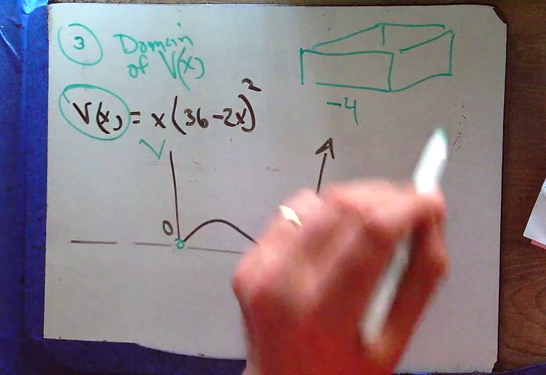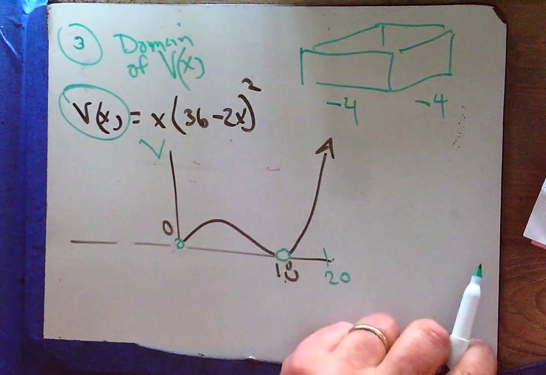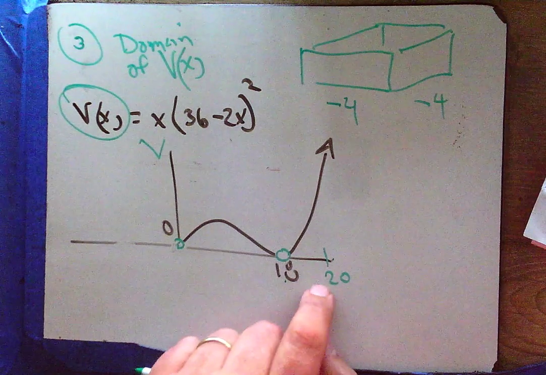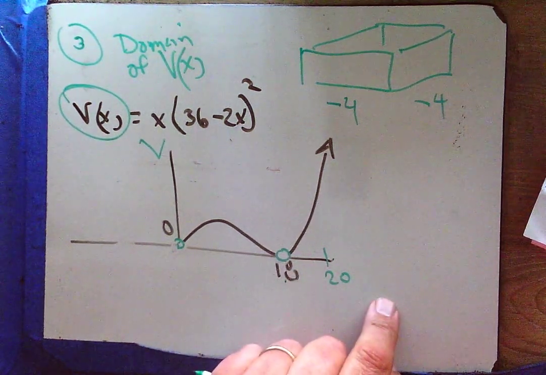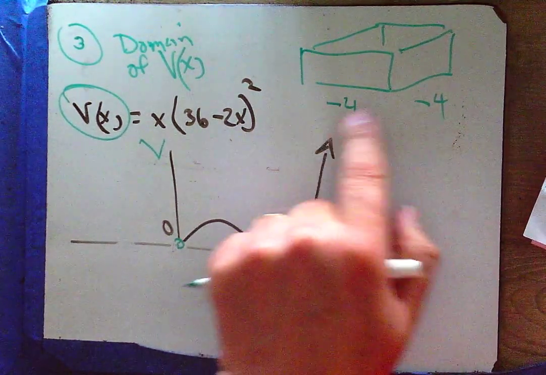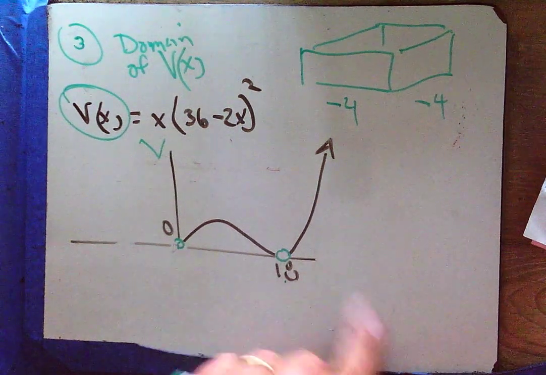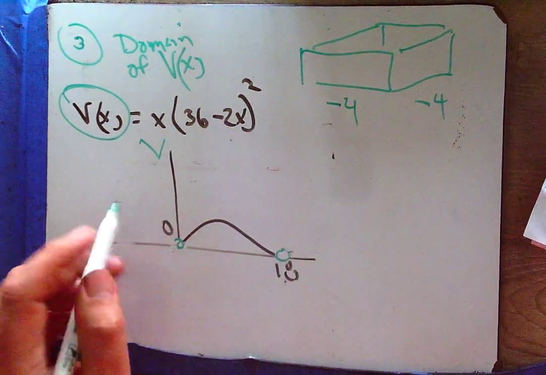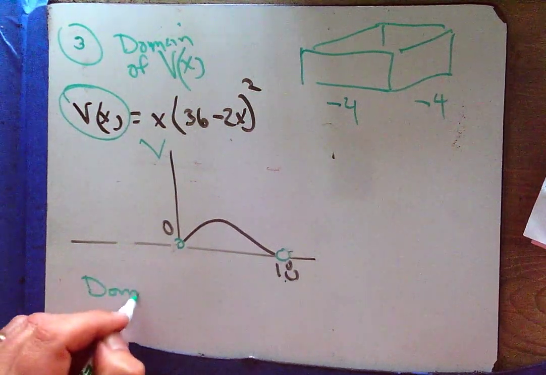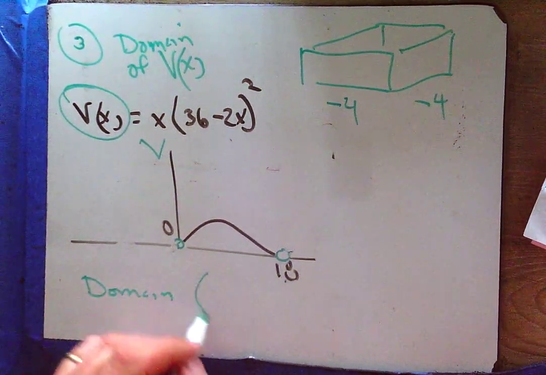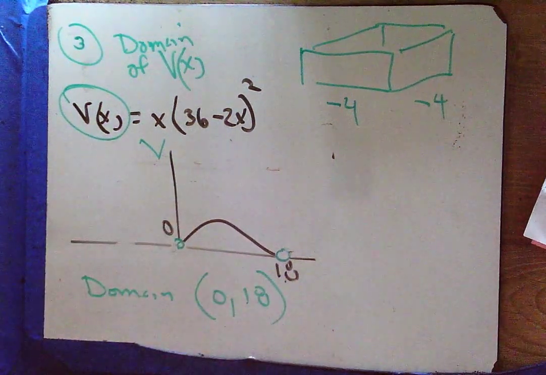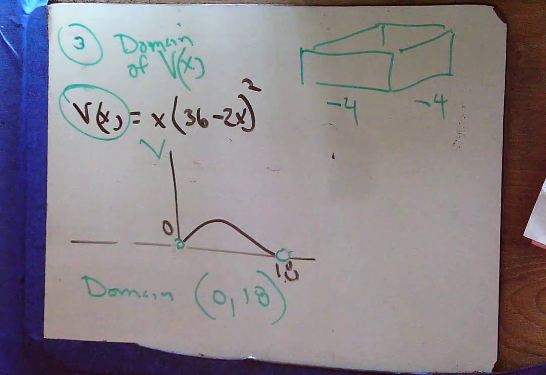Can this side and this side be negative 4? No, they can't. And so anything past 18 is going to create negative side lengths. And that's not going to be okay. So I have to throw that away as well. So it looks like my domain goes from 0 to 18. And I had to think about the real-world implications of that to this problem.